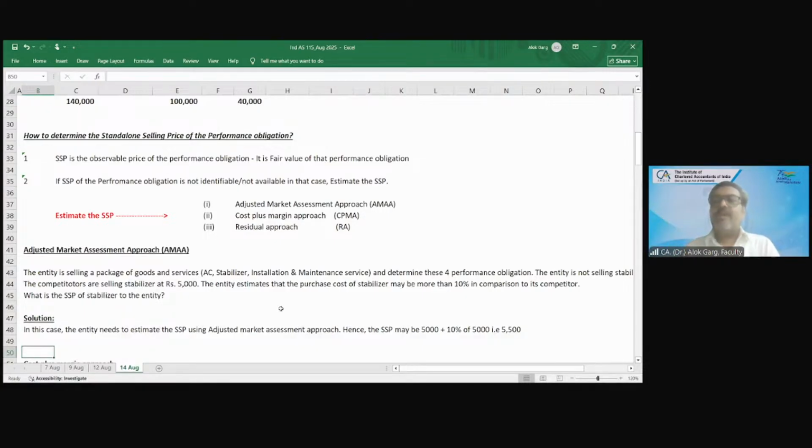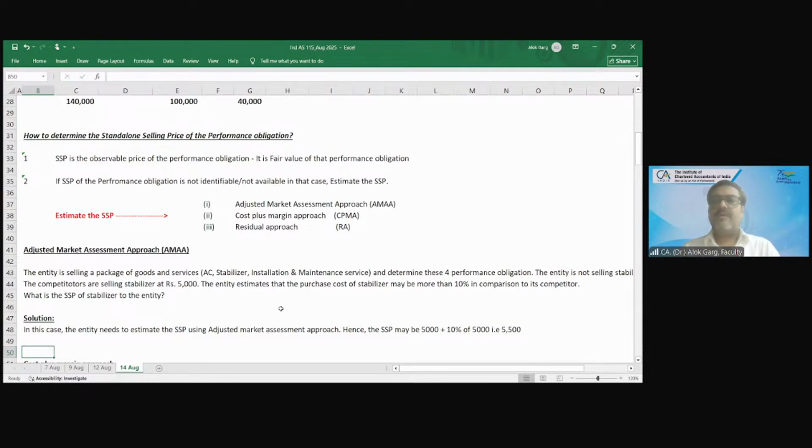Let's say you are into the business of electronics, and your business model is to sell goods along with the installation and maintenance service. Always. But the customer can get the installation separately also. The customer can get the maintenance from other companies also.